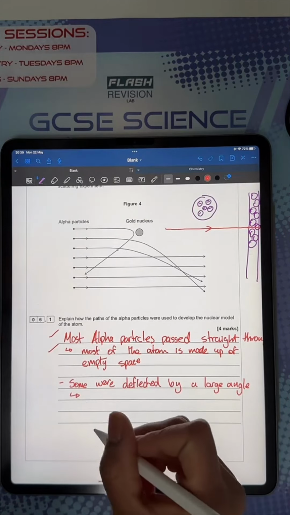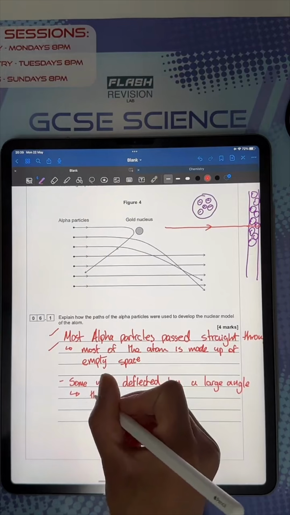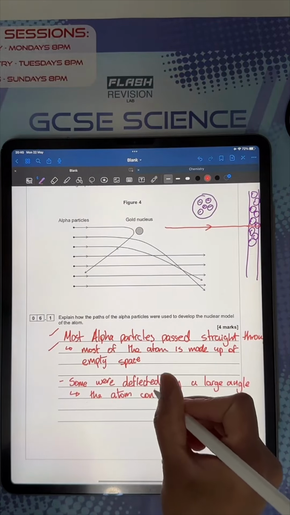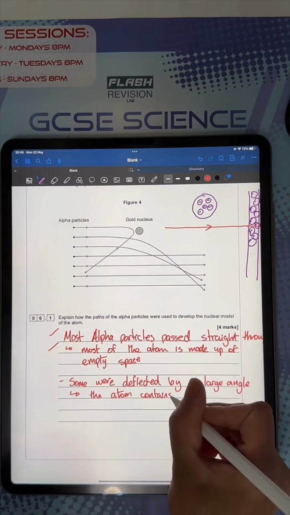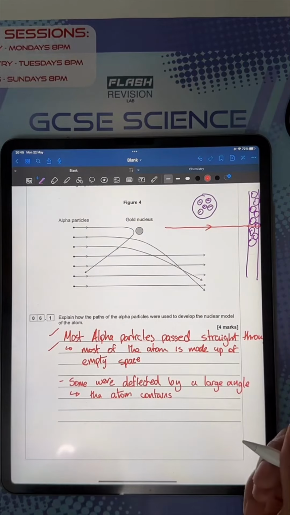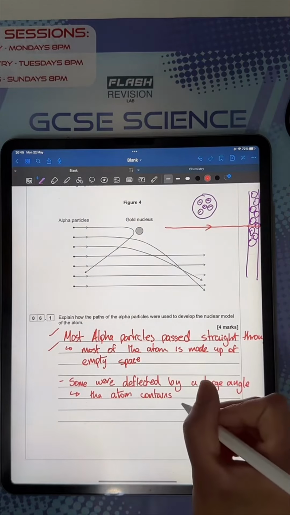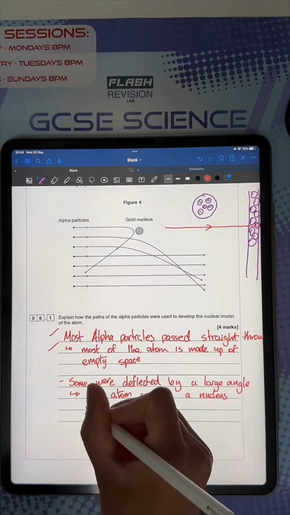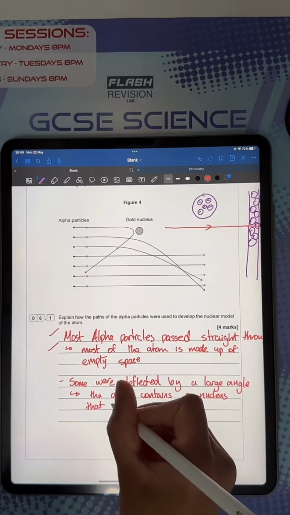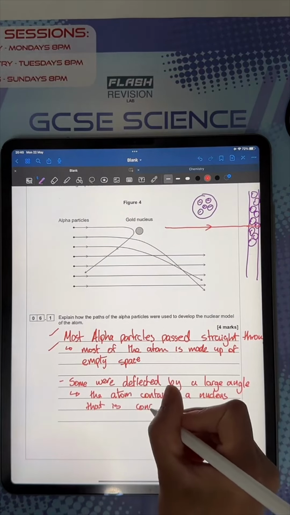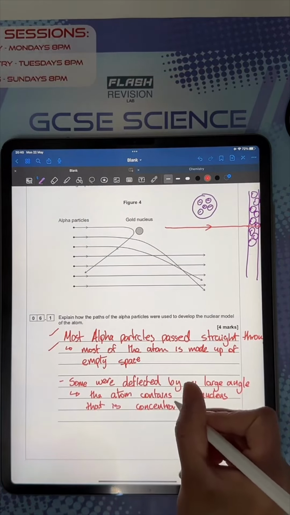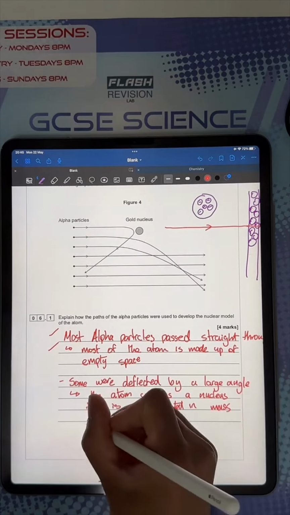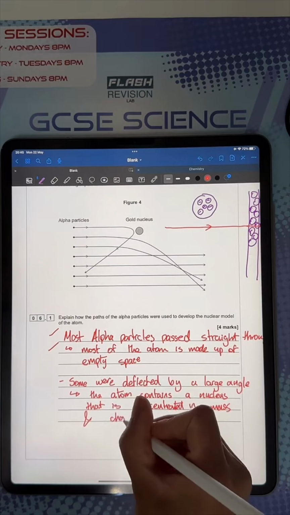So you would say the atom contains, so that's basically the nucleus, right? So he discovered the nucleus of an atom. So it contains a nucleus that is concentrated in mass and charge.